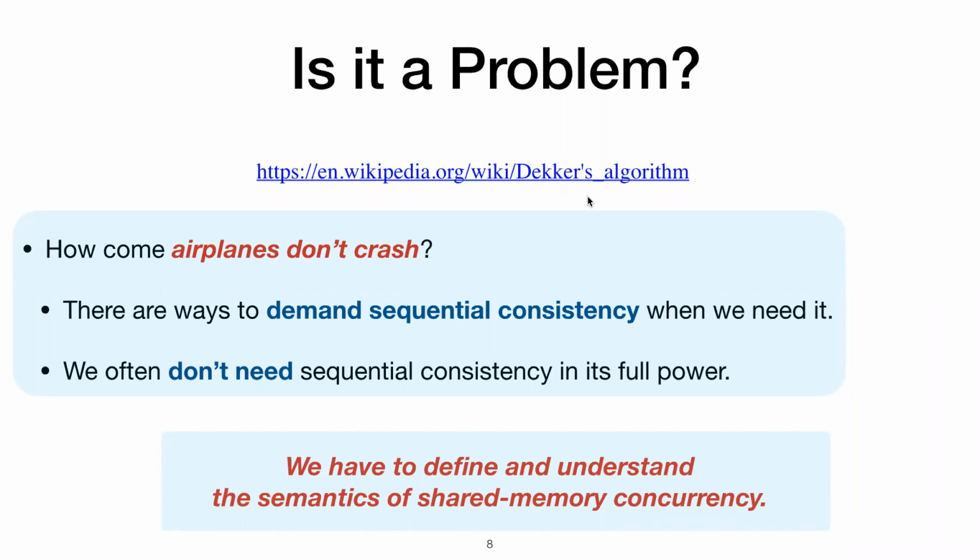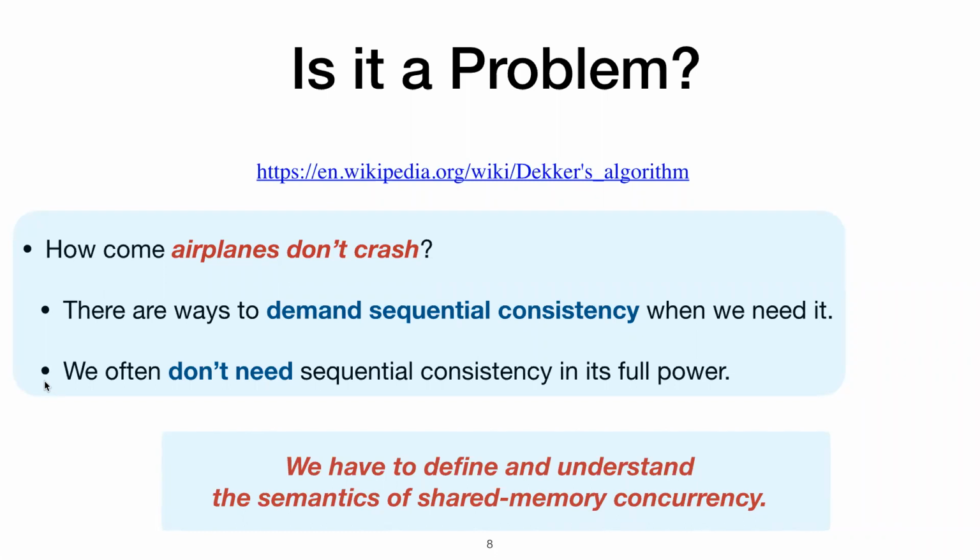First, there are ways to demand sequential consistency when we actually need it. We can put some barriers in the code that will give us sequential consistency, not just causal consistency. But the more interesting answer, the second bullet, is that it turns out it's not so easy to find algorithms that actually exploit sequential consistency in its full power.